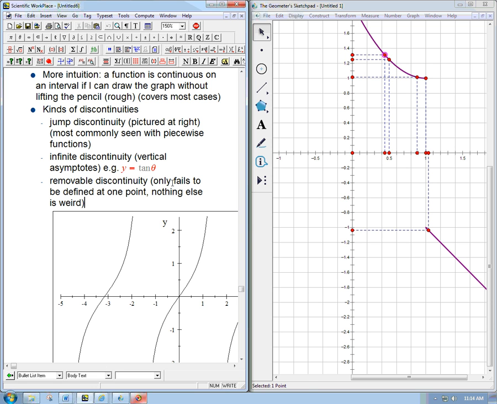It's a little hard for me to freehand right now, but for example, if I had values for every x except 0.5, and there's just a little open circle, and there's just no value there. Or sometimes you can have an open circle here and then a closed circle at a different value. Those are both removable discontinuities.